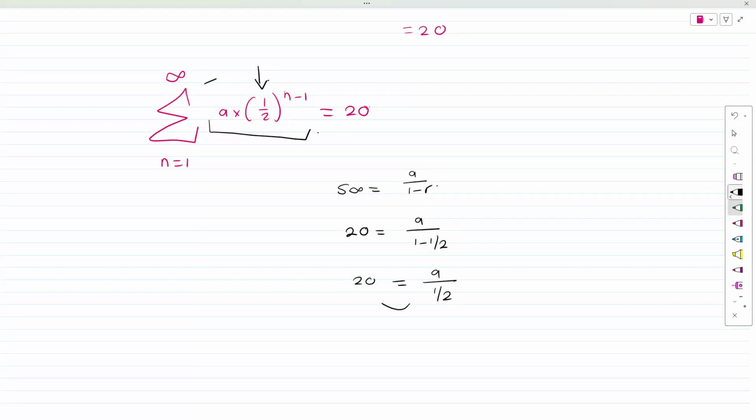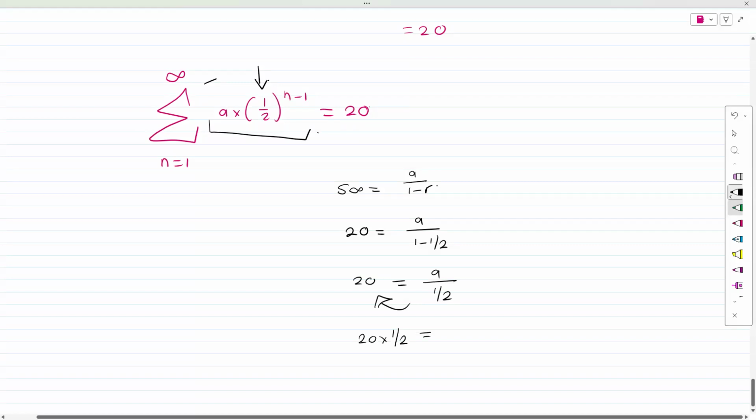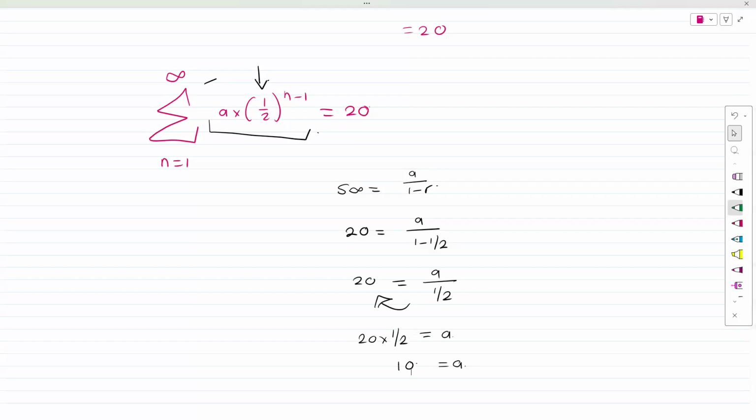Take that over, and this is 20 times half equals a, and a equals 10. And that's all there is to this question, right? So we're going to end at this point because we'll do a level 4 lesson in the next lesson.